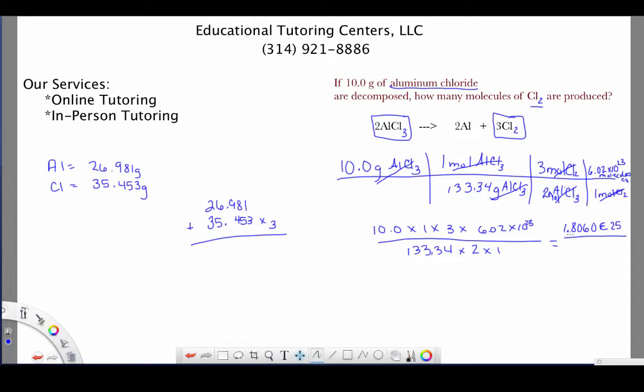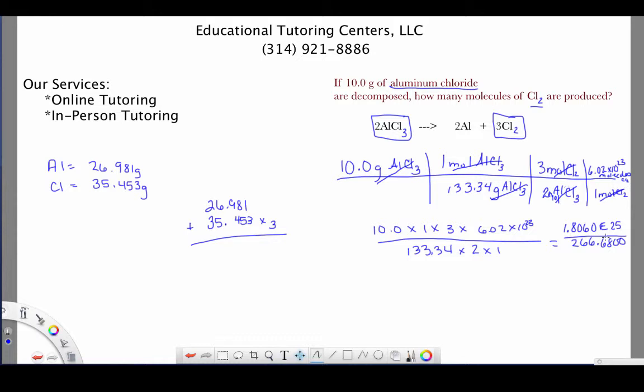So it will be 1.8060 times 10 to the 25th power is what that represents. Then 133.34 times 2 equals 266.68 and a couple zeros at the end. So I'm going to arrow up into my equations to grab the numerator's answer, and I'm going to divide that by the 266. Sorry, I don't have my calculator on the screen for you.